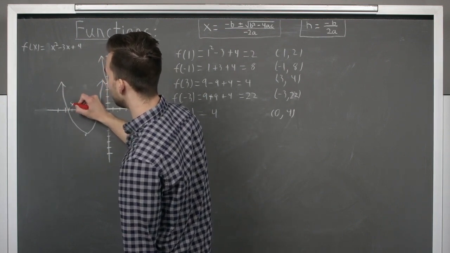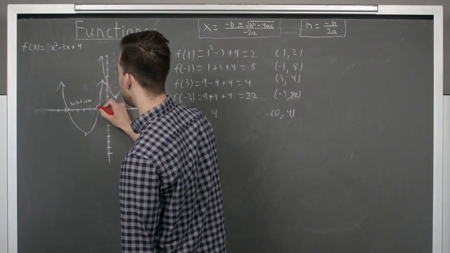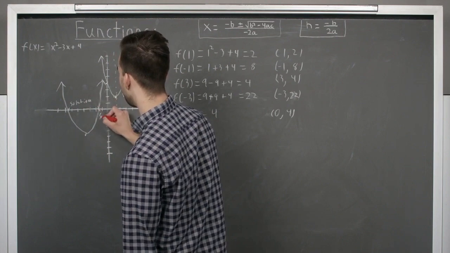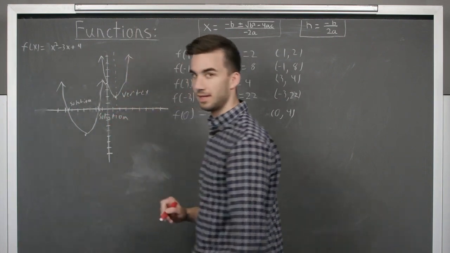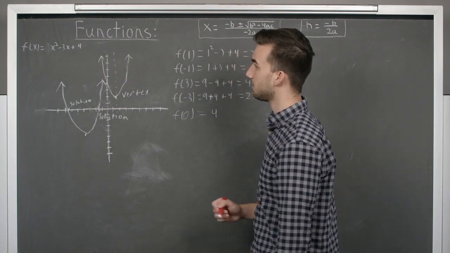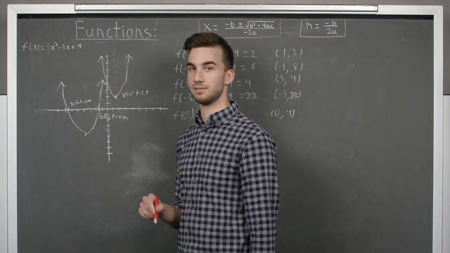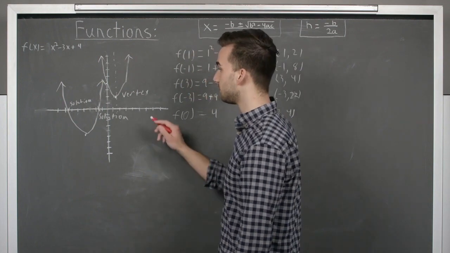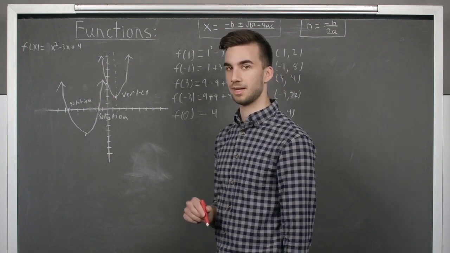So this is a solution, and then this is another solution. Like we calculated the solutions of quadratic equations, how there were two solutions, there are two solutions when we calculate the solutions of quadratic functions.